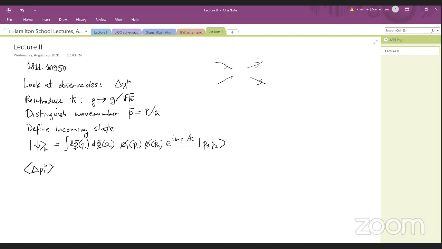So this is a quantum observable. You could calculate it there as well if you were scattering not just in the classical limit.